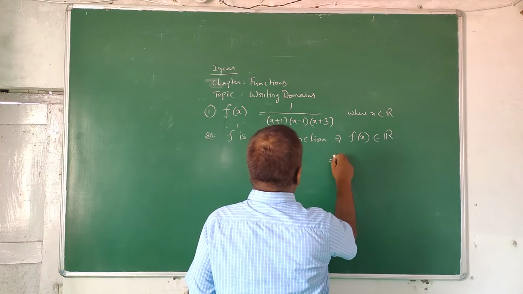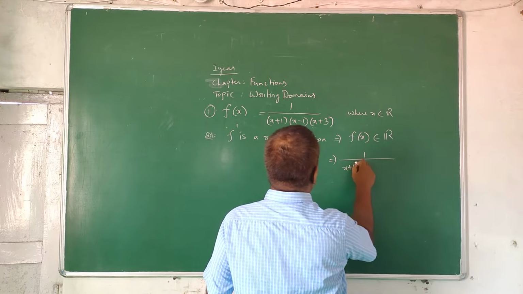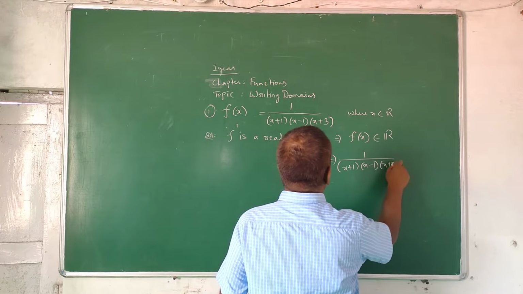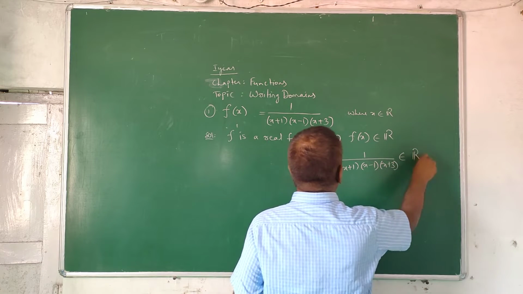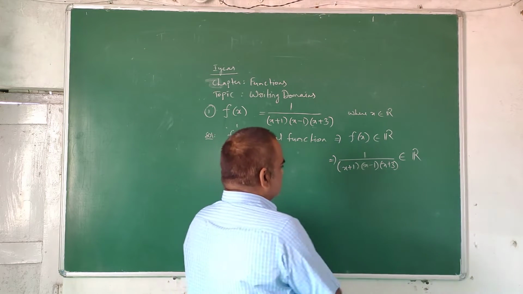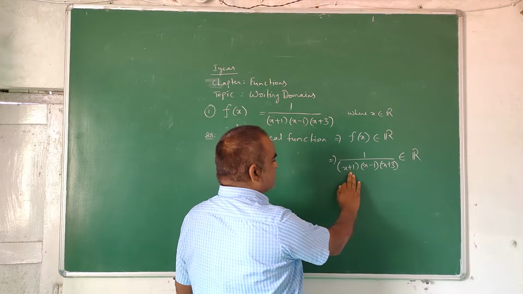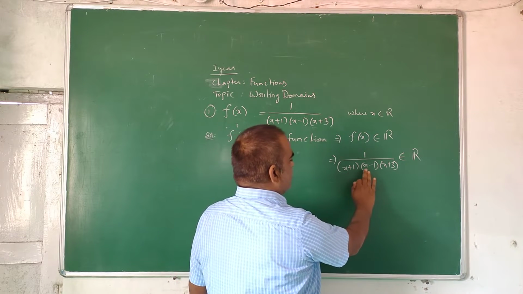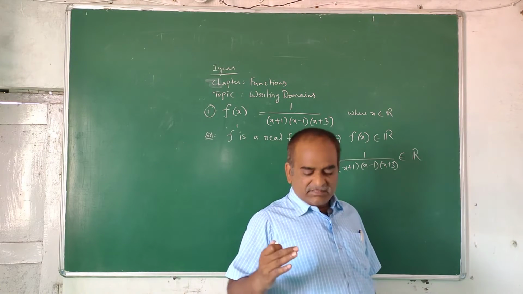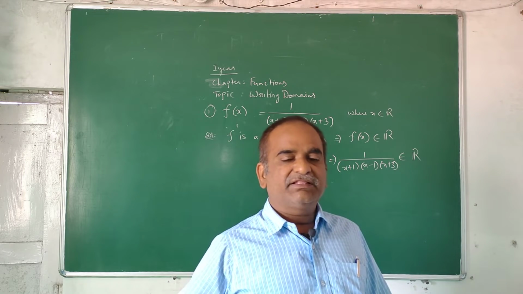So this implies, what is f of x? 1 by x plus 1 into x minus 1 into x plus 3 belongs to R. So now here you see, if x is minus 1 or x is 1 or x is minus 3, the product will become 0 for any of these three values.